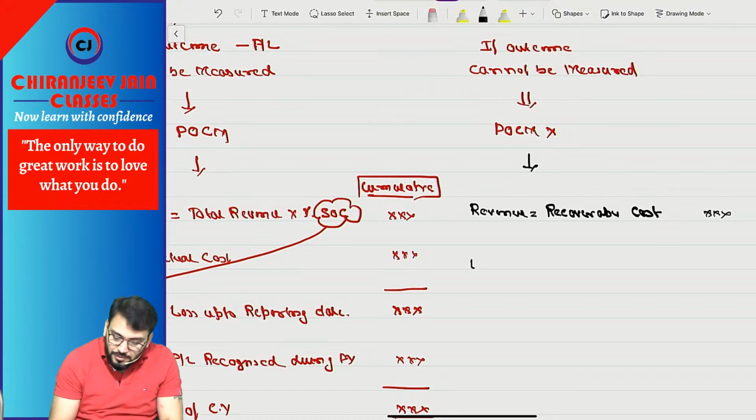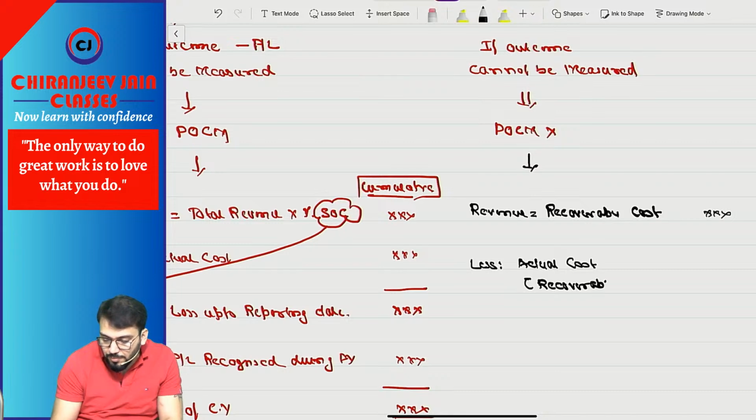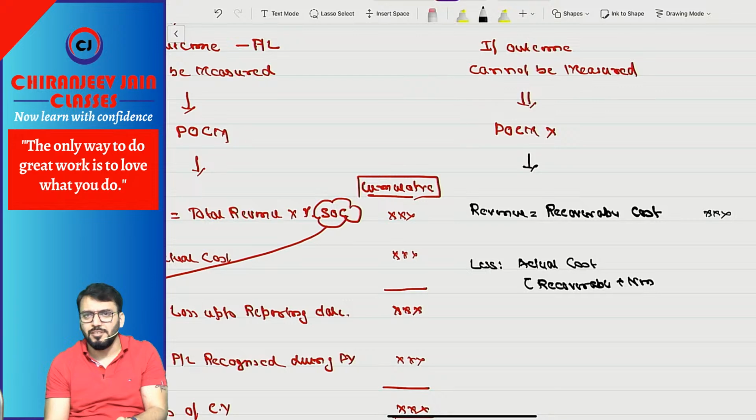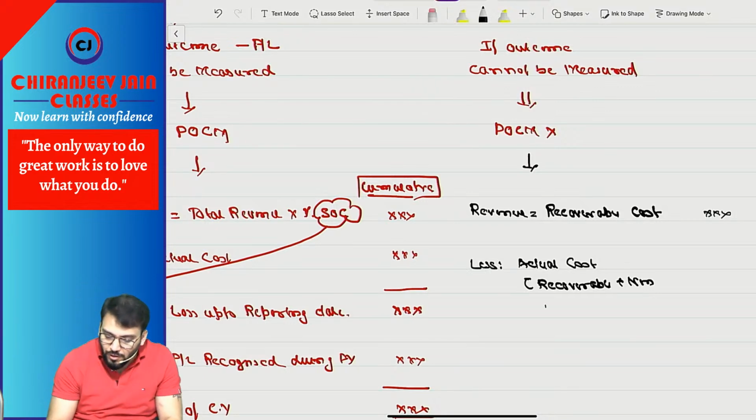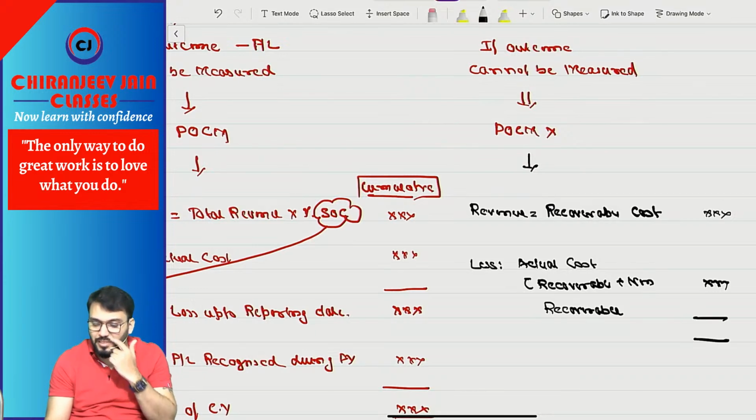Then we do less actual cost incurred. Actual cost will be both recoverable plus non-recoverable. Non-recoverable, non-reimbursable means which cannot be recovered from the customer. Are you getting what I am saying? So it means there cannot be any profit.